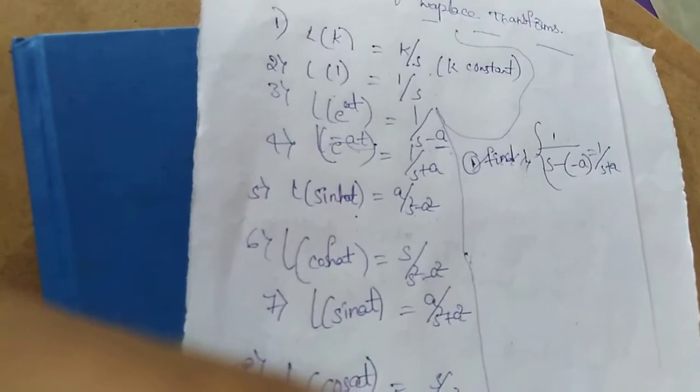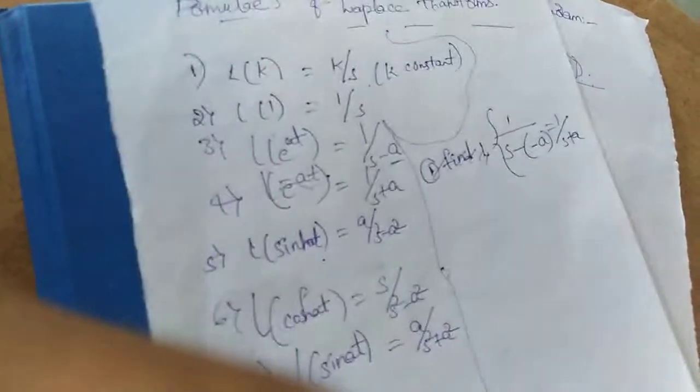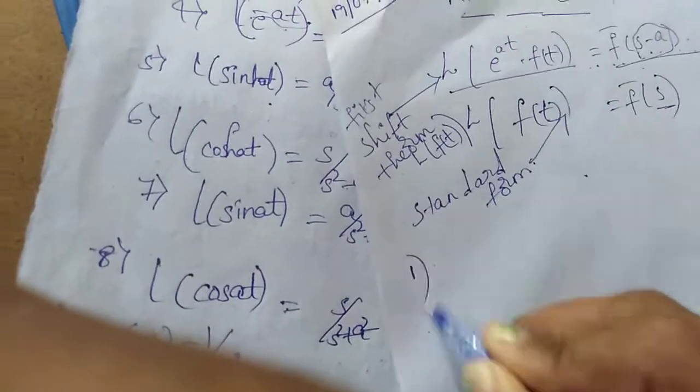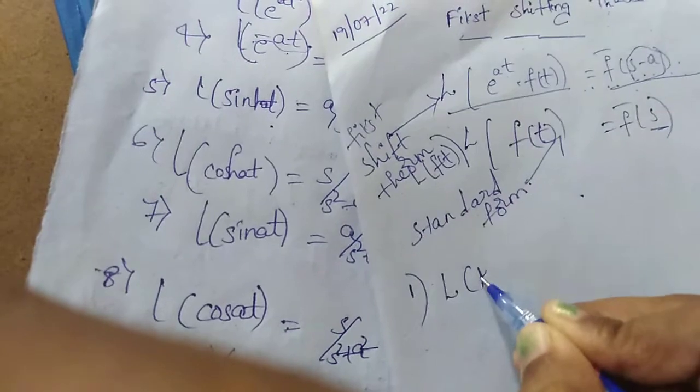If L of t is in the first shifting theory, the formulas will be changed like this. So we see what the formulas look like after applying the first shifting theorem. As it is, only in the place of s we write s minus a.